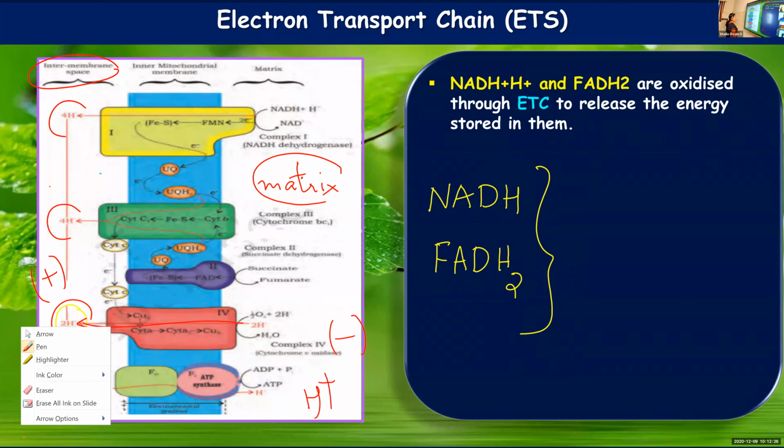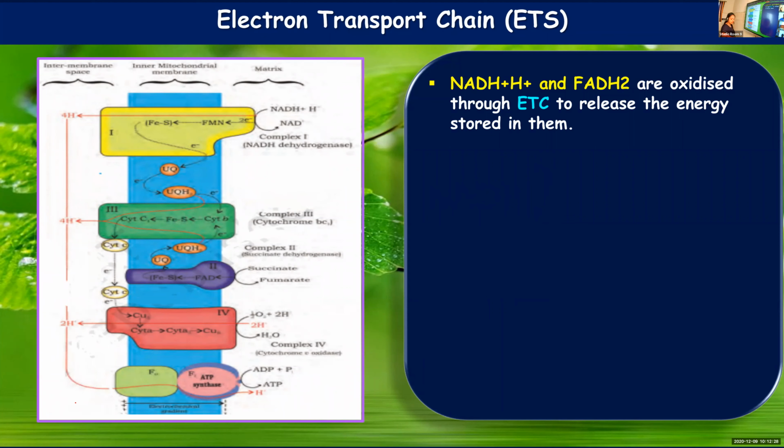So utilizing the energy released by the transfer of electrons, I told you the electrons will be transferred from complex 1 to complex 4, protons or hydrogen ions will be pumped from the matrix into the intermembrane space.